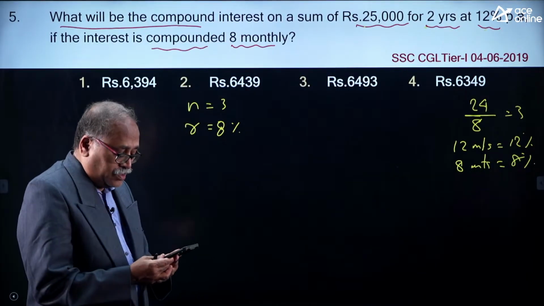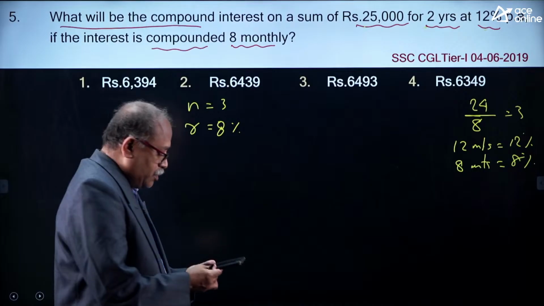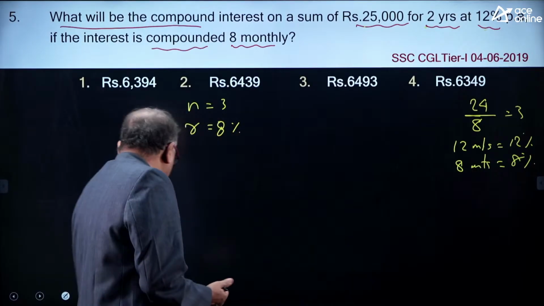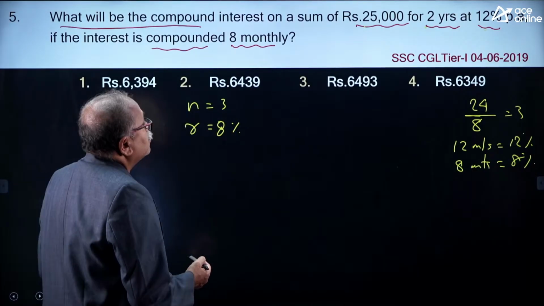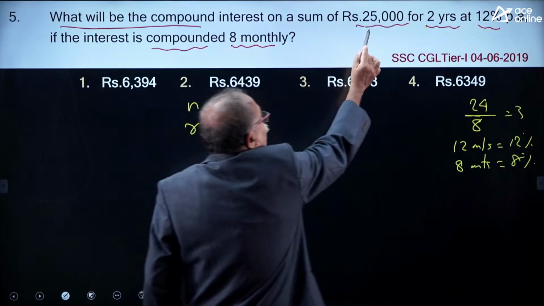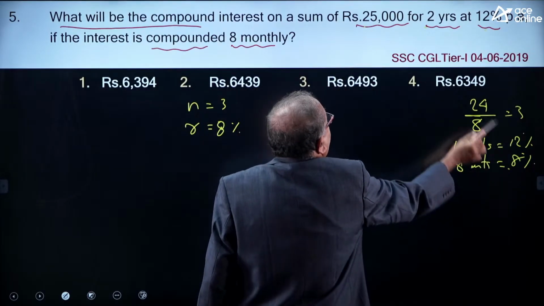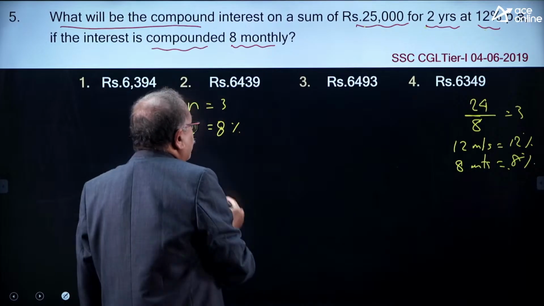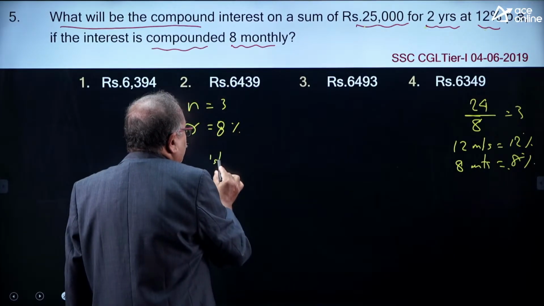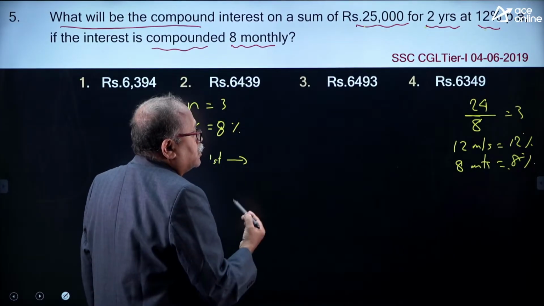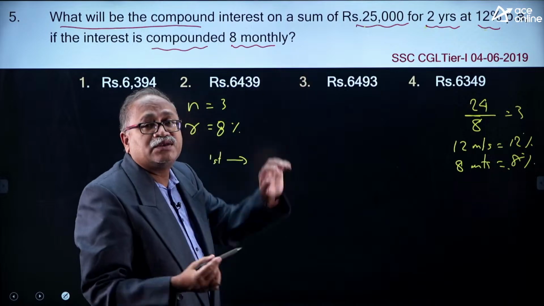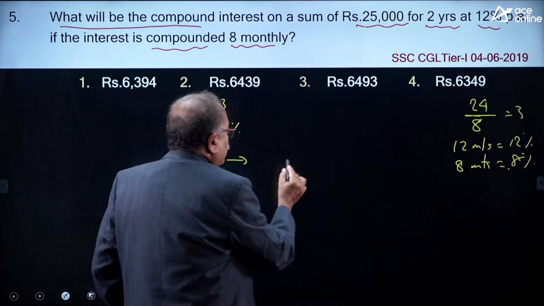Shall I check this one? Now, as it is a round figure, let me take 8%. What is 8% of 25,000? So, for the first 8 months, the 8% of 25,000 is nothing but 2,000.